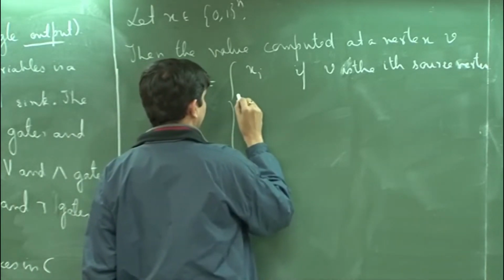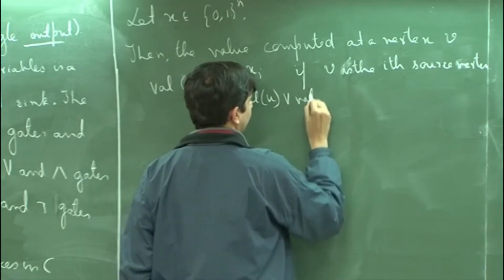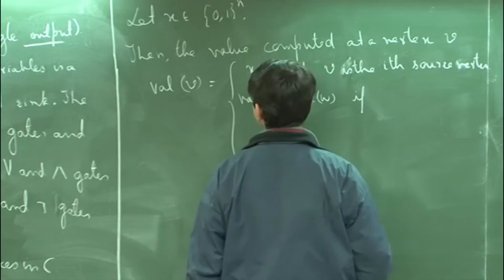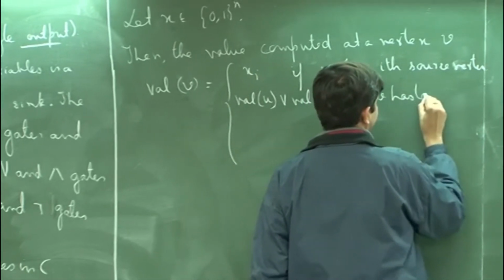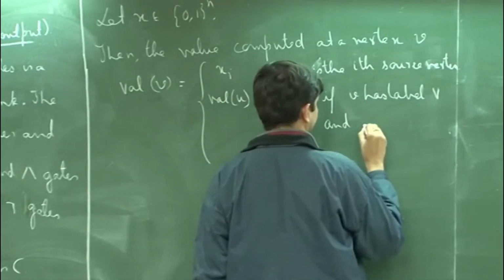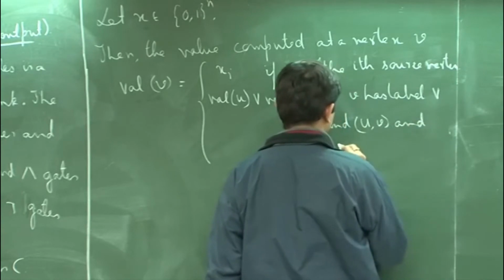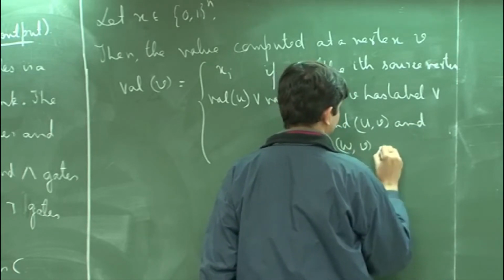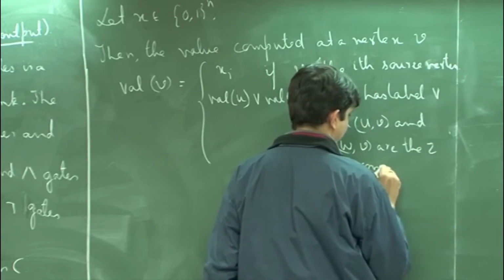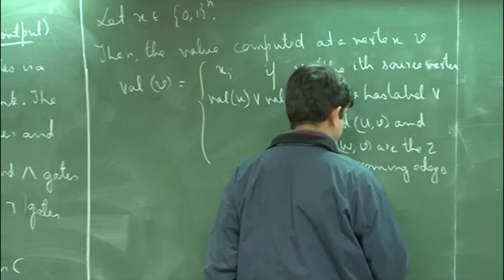So value of v is equal to value of u or value of w if v has label or, and uv and wv are the two incoming edges to v.